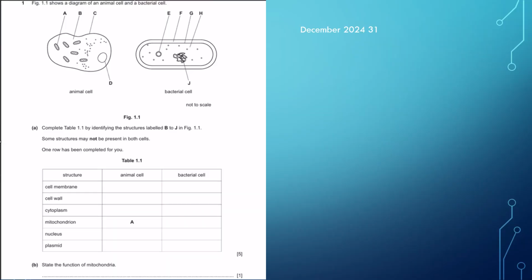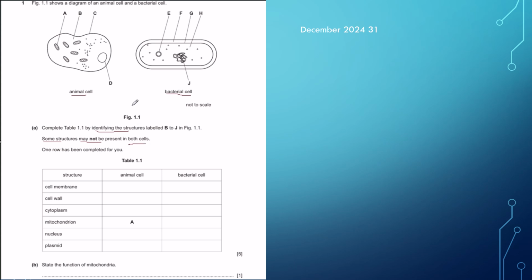Okay, so our first example here comes from December 24, and here we have an animal cell and a bacterial cell. So here our job is identifying structures, and be aware that some structures may not be present in both cells.